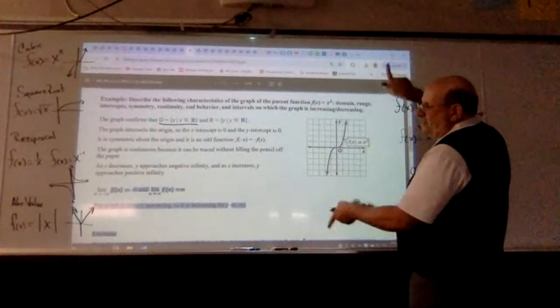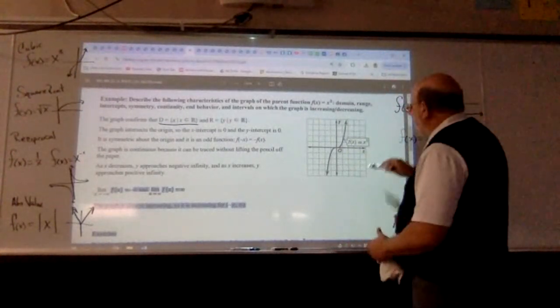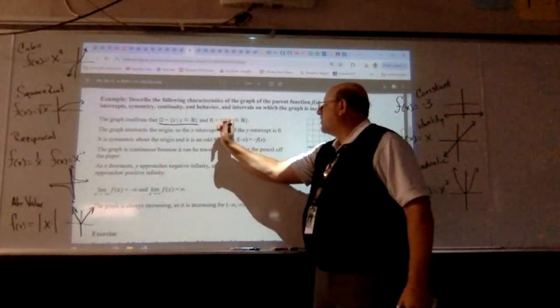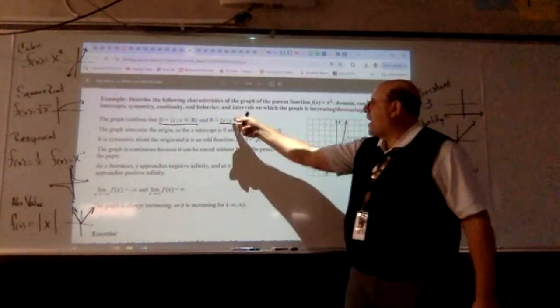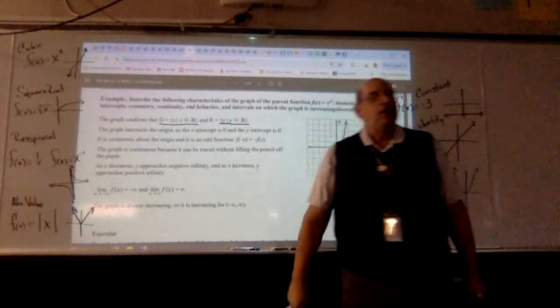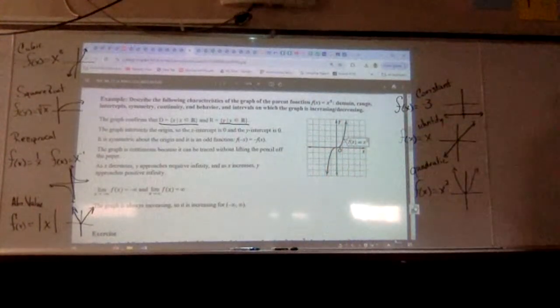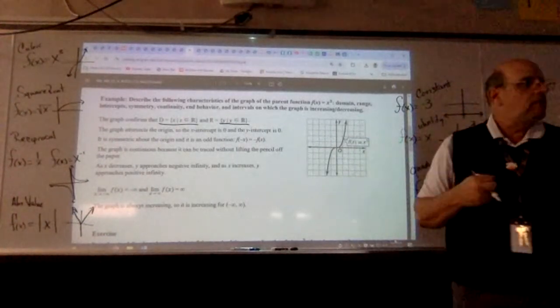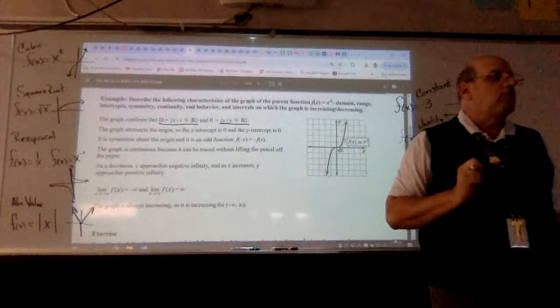Is it going in both directions infinitely? Yeah, you bet. So our range is all y such that y is an element of real numbers, all real numbers. So we see that we can put in anything and get out something. It just goes and goes and goes.